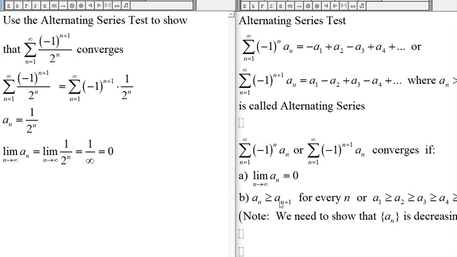And then next, we need to show that a sub n is greater than or equal to a sub n plus 1. So we have a sub n as 1 over 2^n. So we change this right here to n plus 1. Then in the place of n, we just put n plus 1.